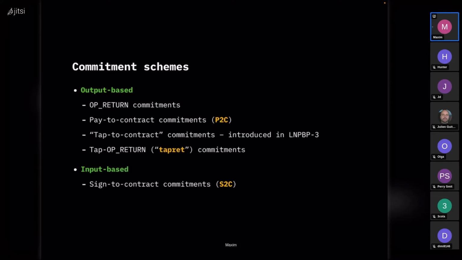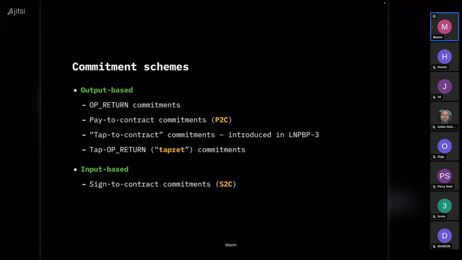However, it sacrifices use of blockchain space. Then a more advanced scheme was proposed, which is pay-to-contract commitments, where the public key is tweaked, and you don't need to add an additional output or sacrifice any blockchain space. The commitment is hidden inside the homomorphic tweak of the public key of one output.